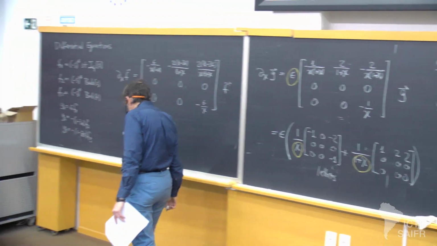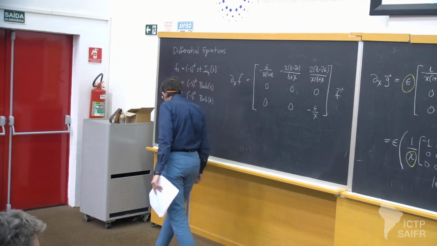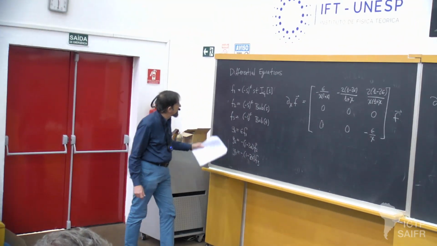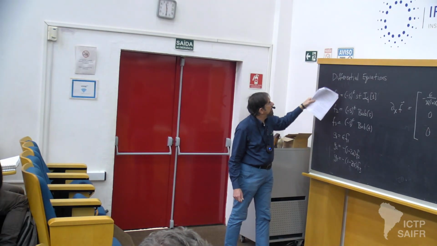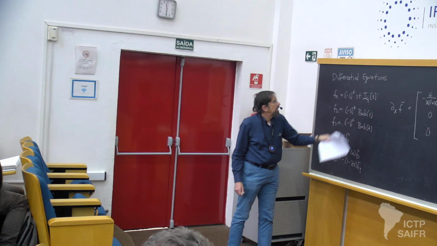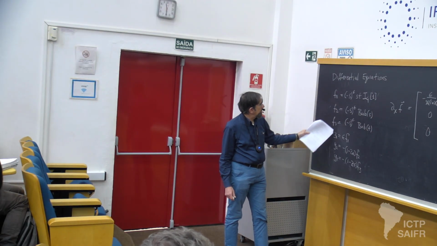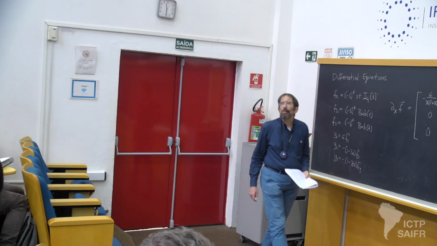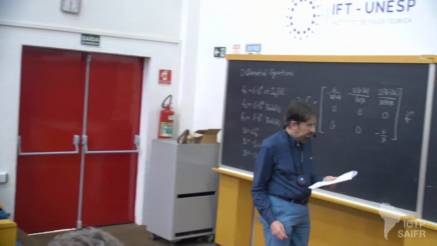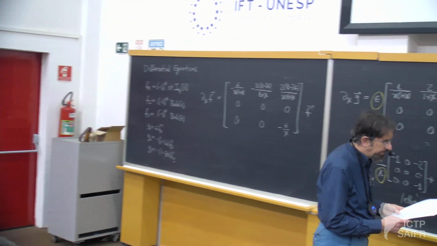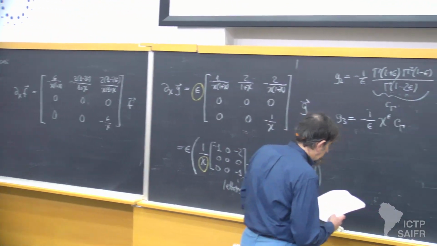So we know on general grounds that F1 is going to go as 1 over epsilon squared, and we've multiplied by an epsilon here, so G1 is going to go as order 1 over epsilon.